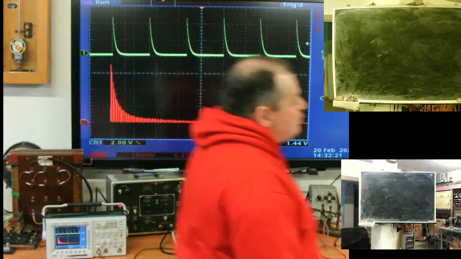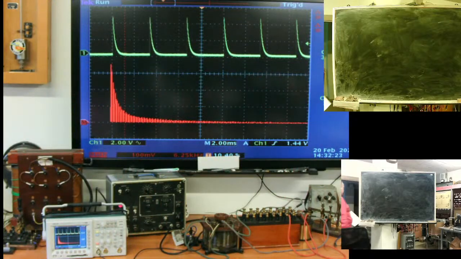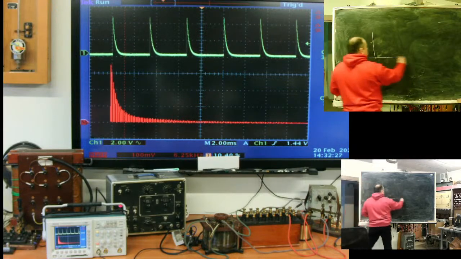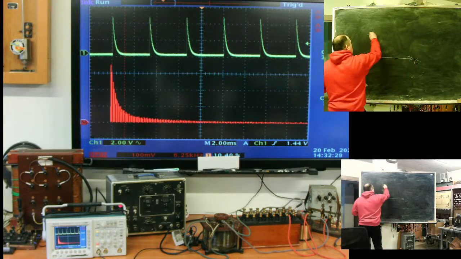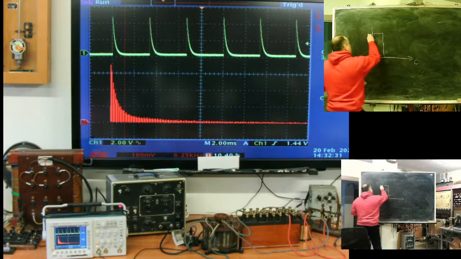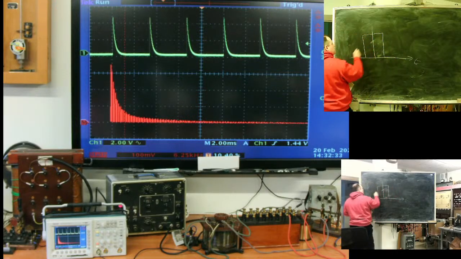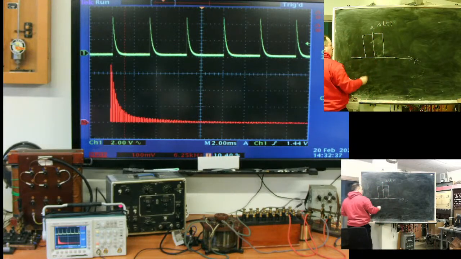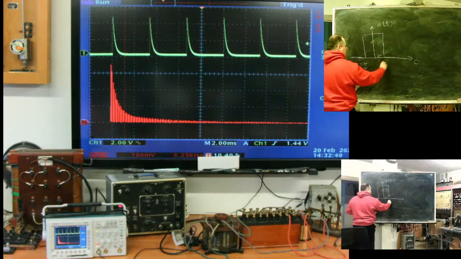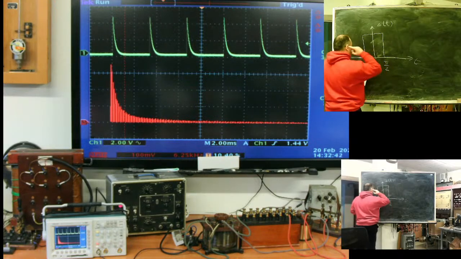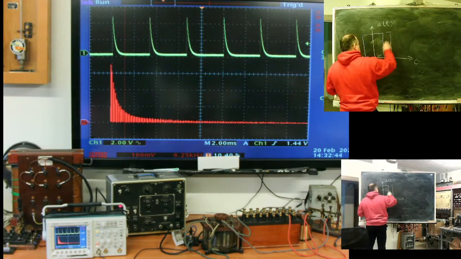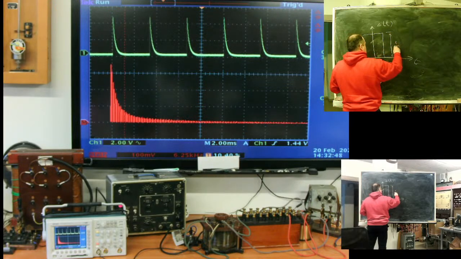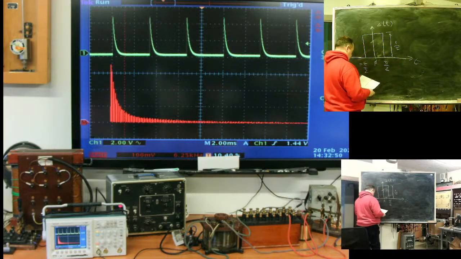I need another abstract object. At first, let's say we have something like this. Time, we have a pulse in time. I can call it delta, from minus tau by half to tau by half. And its amplitude is 1 over tau.